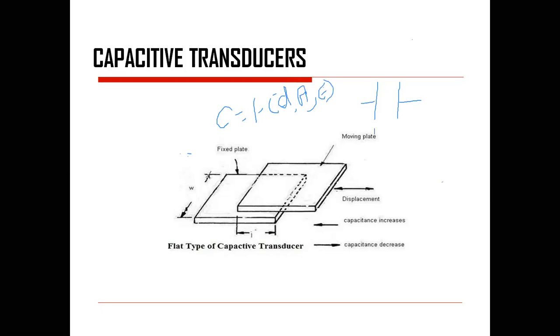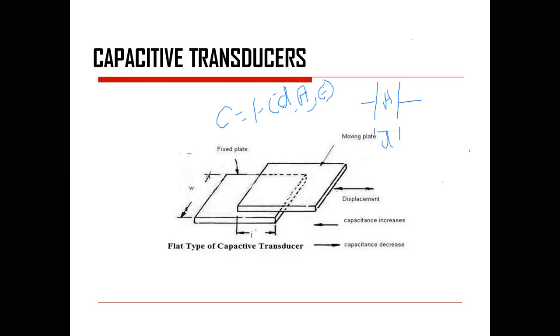Now, this is the distance between two plates, and this is the area of the capacitive plate. And the third thing we are using is the permittivity, meaning what type of material we are using. Depending on that material, the permittivity is provided.